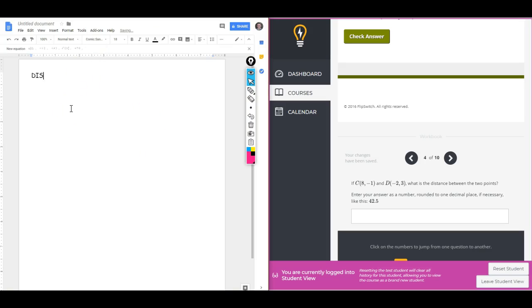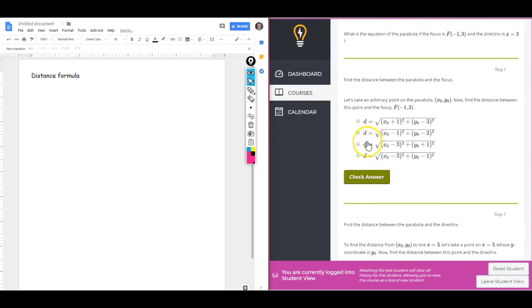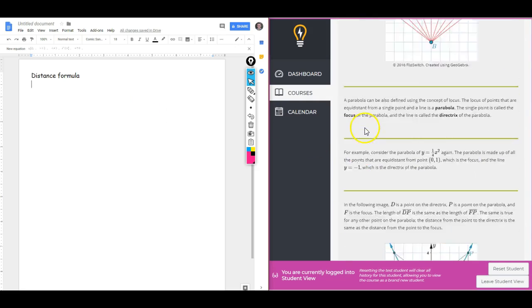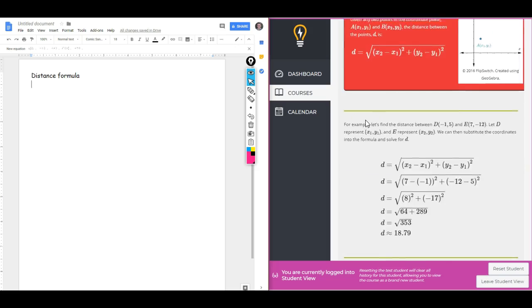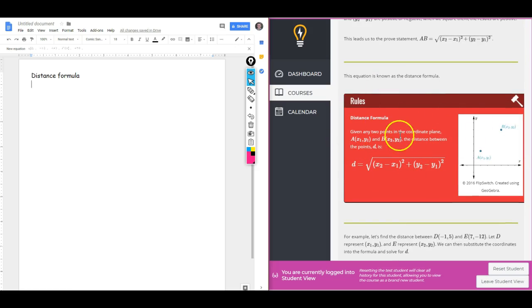So again, the distance formula, and again, you could always go back and look for anything in red. It will have the distance, it'll have a formula in it. So again, here's the distance formula.